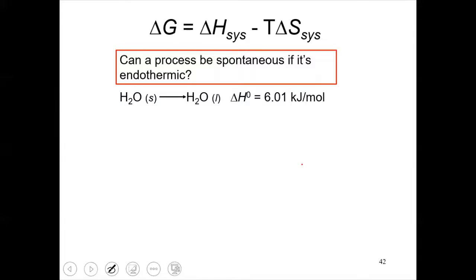So once more, if delta H is positive, what can happen that makes the process spontaneous? Look at the table we just did in the previous slide, and you'll see that if the T delta S term is larger than delta H, in other words, if the temperature is sufficiently high, then it'll turn the equation back towards the negative.